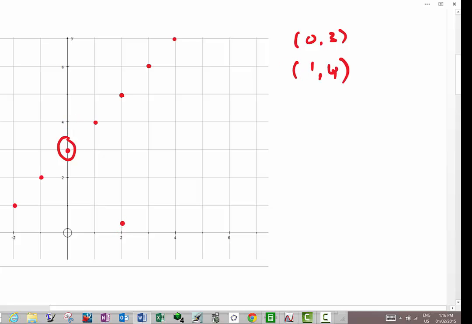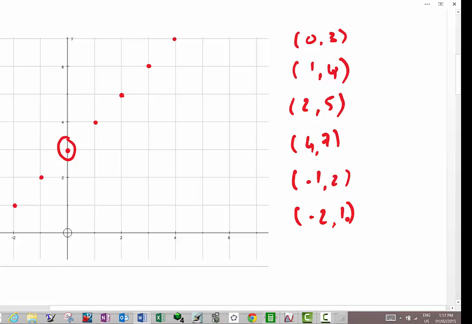When x is 2, the y coordinate of this point is 5. When x is 4, the y coordinate is 7. Let's look at points on the negative. When x is minus 1, the y coordinate is 2. And when x is minus 2, the y coordinate is 1.